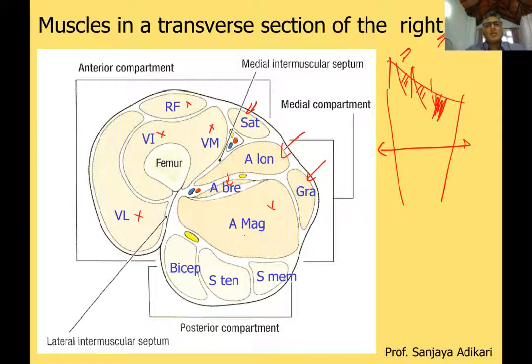Other than these, you can add another medially placed muscle, the obturator externus, which is supplied by the same nerve that supplies the adductor muscles. Then the posterior compartment or flexor compartment: you have the biceps femoris, semitendinosus and semimembranosus muscles, and part of the adductor magnus, which is called the hamstring part of the adductor magnus. We'll get back to it.